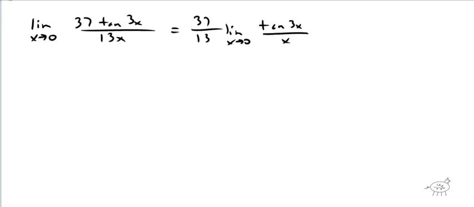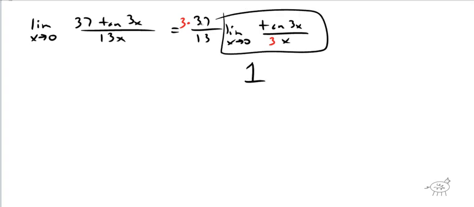What do you need for that bottom? I need a 3, so balance it out by putting a 3 here. Now I know this goes to 1, and I just multiply 3 times 37, which is 111, over 13. That's your answer. Not bad, math fans, not bad.